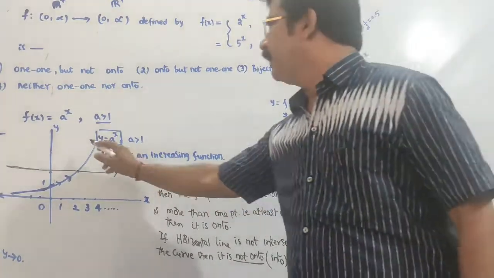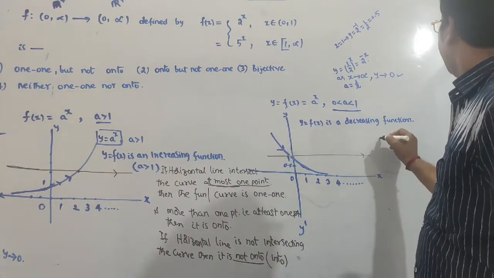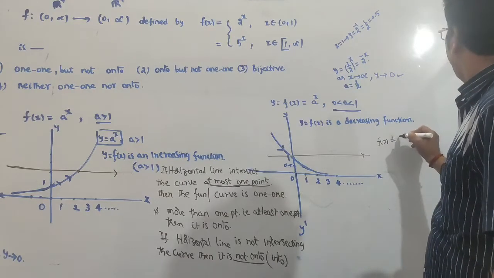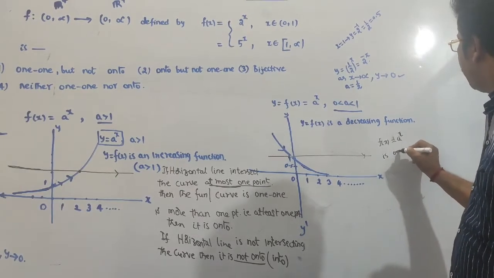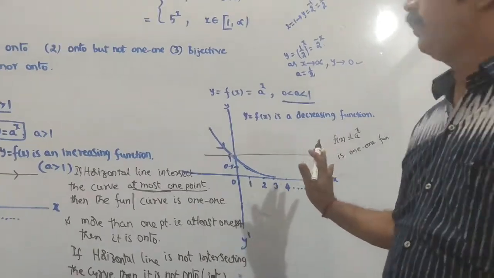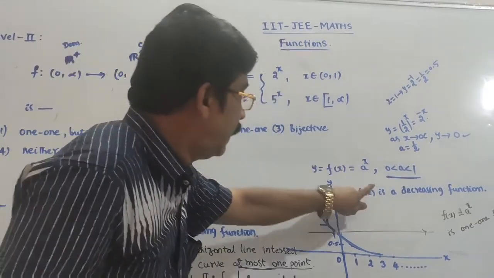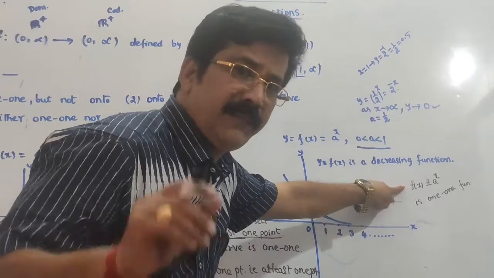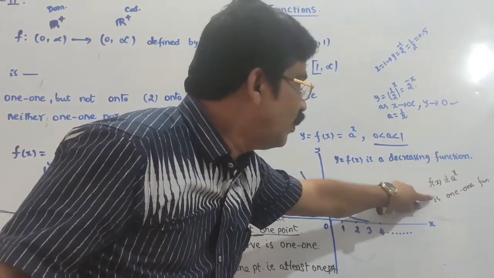Therefore, in both cases, a greater than 1 and a less than 1, f of x equal to a power x is 1 function.